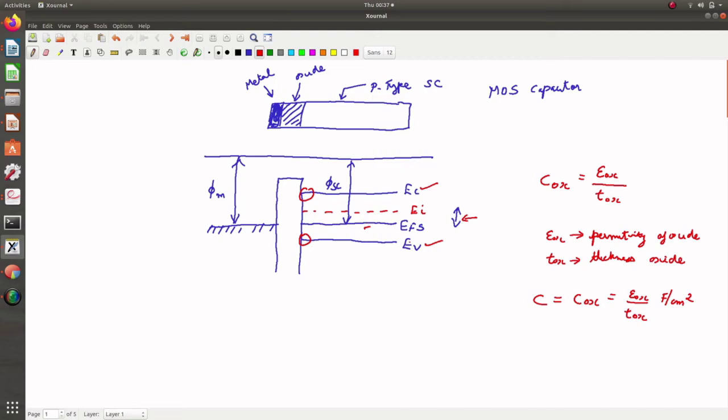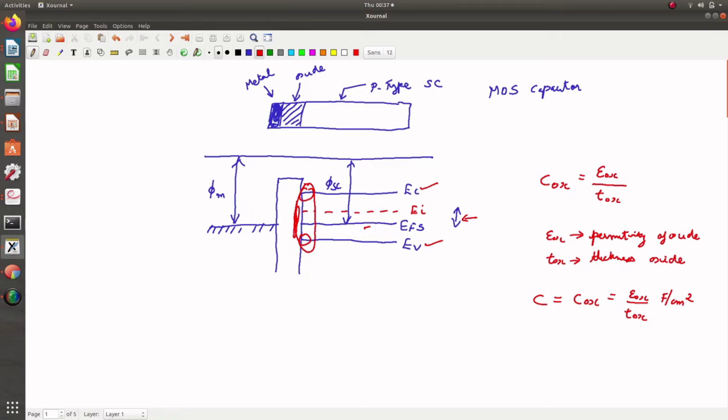But a portion of the applied potential drops in the semiconductor near the oxide. Thus, the presence of electric field in the semiconductor near the oxide causes bending of the conduction band and the valence band near the oxide interface.